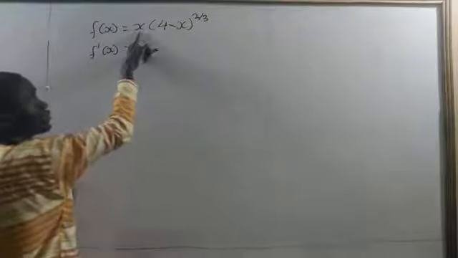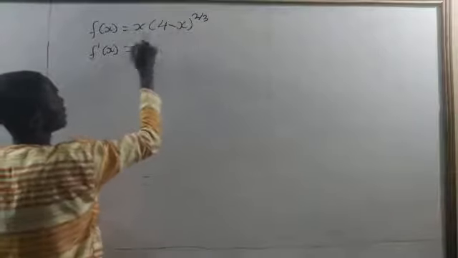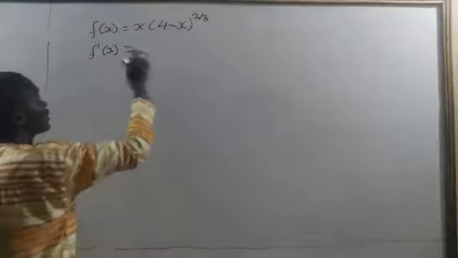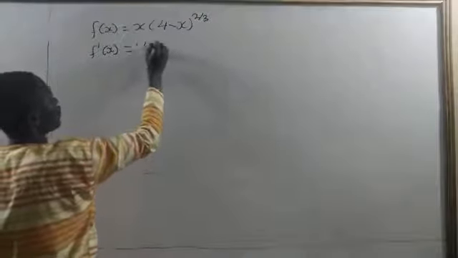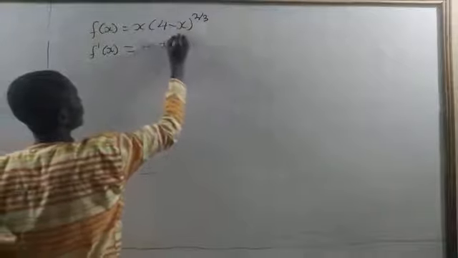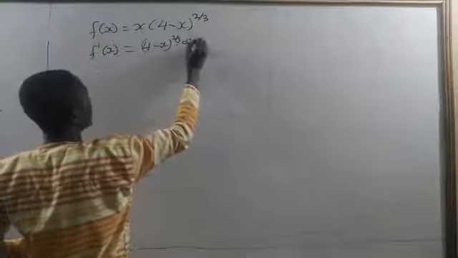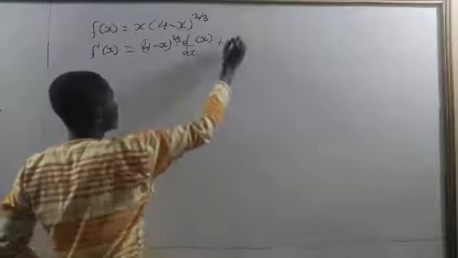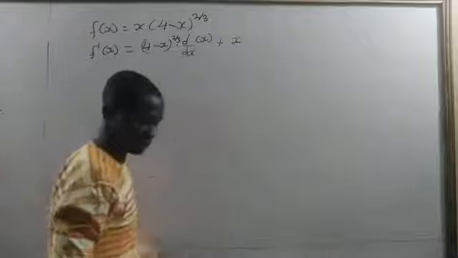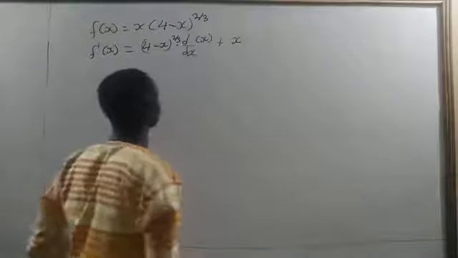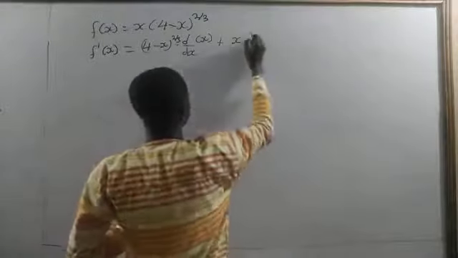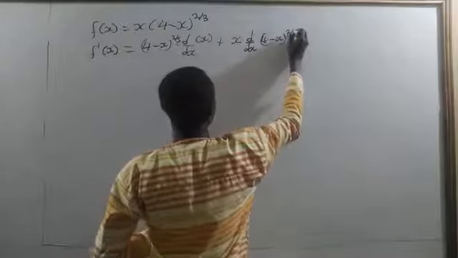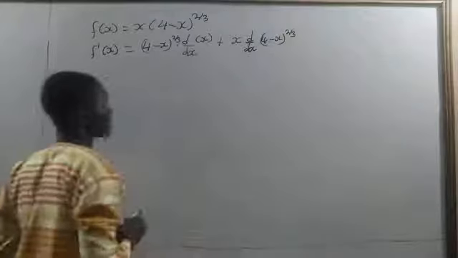The derivative of x with respect to x is 1 times the whole of this, which gives us (4 minus x)^(2/3) times the derivative of x, plus x times the derivative of (4 minus x)^(2/3) with respect to x.